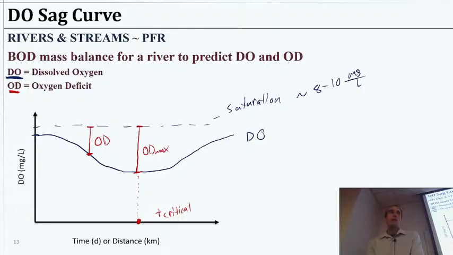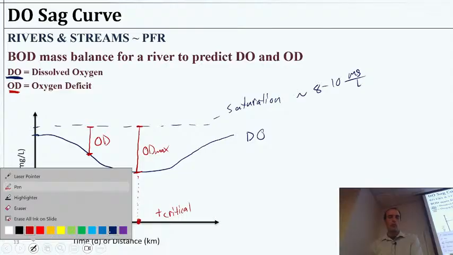So the deficit at any point along the way, we could potentially calculate if we do our mass balance on oxygen here. It's going to be a strange mass balance because it's actually this deficit that drives oxygen back into the water.